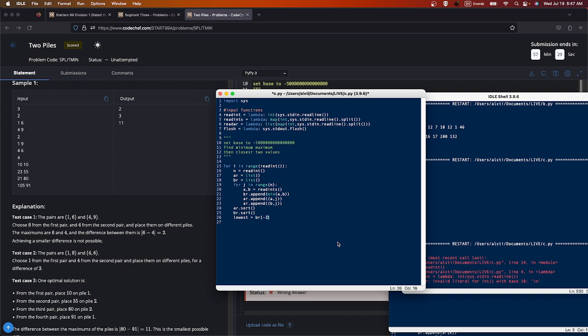Second last element is our absolute minimum that we could set.